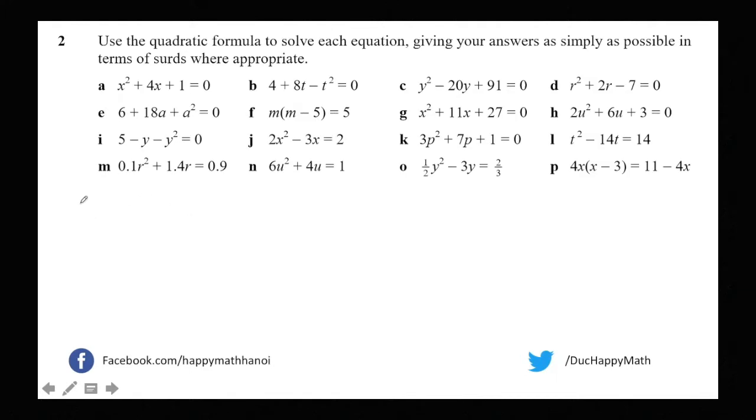Okay, question E. Rearrange first before you do anything. So the delta will be 18 squared minus 4ac. So what is the value when you take the 18 times it?